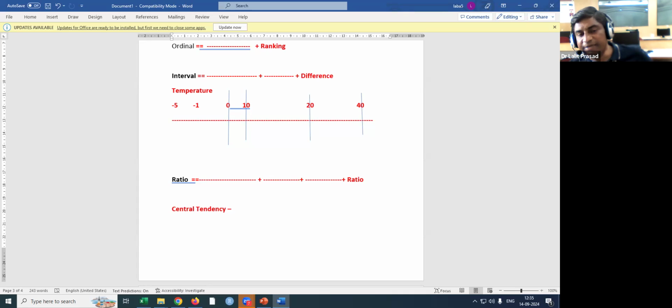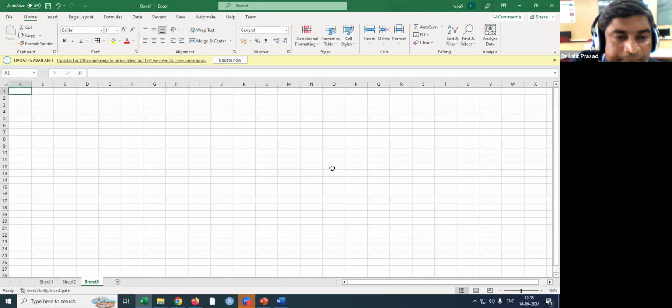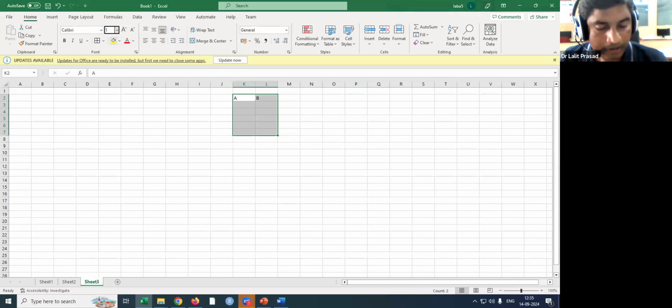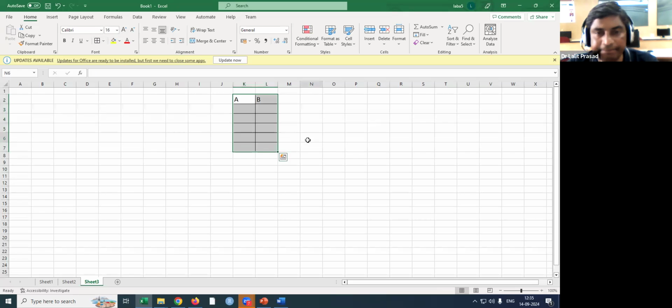Otherwise, if it is giving all the answers, then why is there a need to study the measure of dispersion? There is no need to do that. And then I will show you why there is a need to study the measure of dispersion. I am giving you one example. There are two players, A and B. And you are the selector of the Indian cricket team.